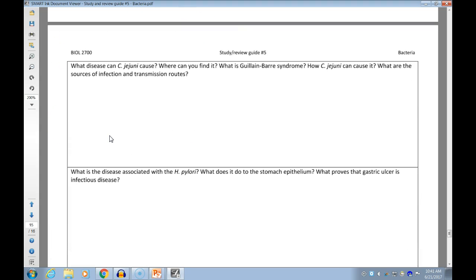Campylobacter jejuni. Find it in jejunum. Understand, it causes Guillain-Barré, an autoimmune disease. The mechanism: antigens from bacteria, for our immune system, look exactly like human antigens.